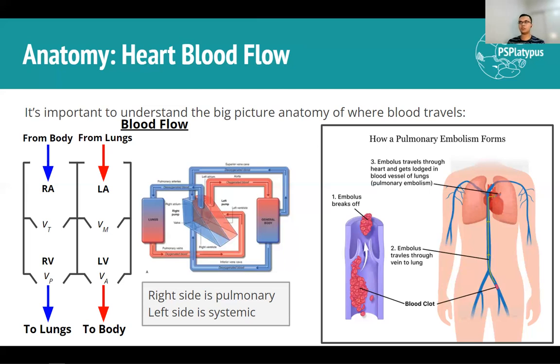So that's where the clot has broken off and traveled, so embolized to the lungs and got stuck there. And that'll be a very serious condition, because that'll start to make the lungs become ischemic. And you're going to have things like shortness of breath, pain, and we'll be covering more of that in sort of clinical skills in terms of what signs and symptoms you can look for with pulmonary embolism.